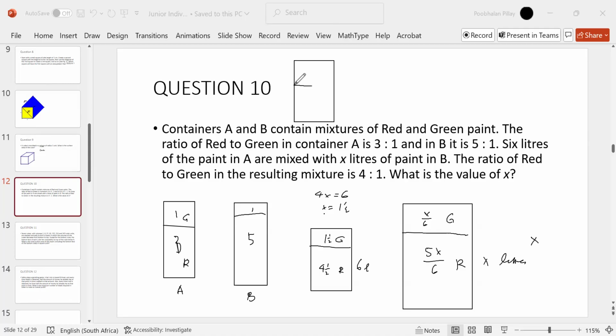So in this mixture, let me put red here and put green here. Green and red.